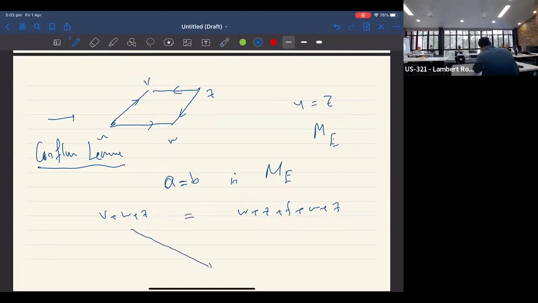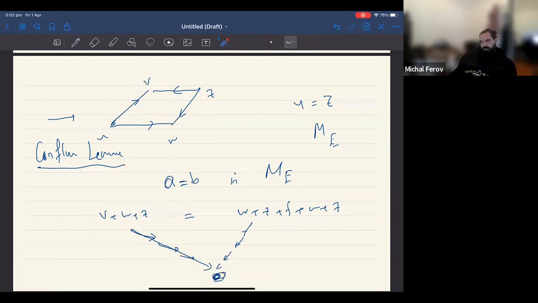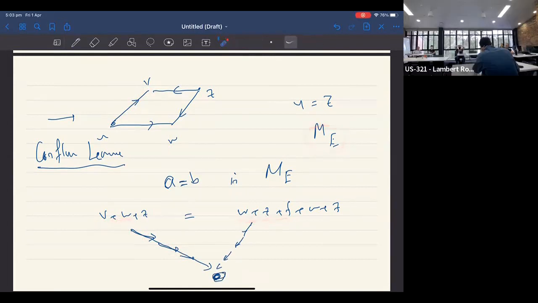If they are equal, then you can transform these vertices in one direction. For example, for V there is nothing to do, but for U you put this. You move in one direction on each side, and you get to the same thing. So two things are equal on the level of the monoid if you can push them in one direction and get to the same thing. These are the tools you have. But if you give me two elements and they are equal, I cannot immediately tell you how they sit in the graph.